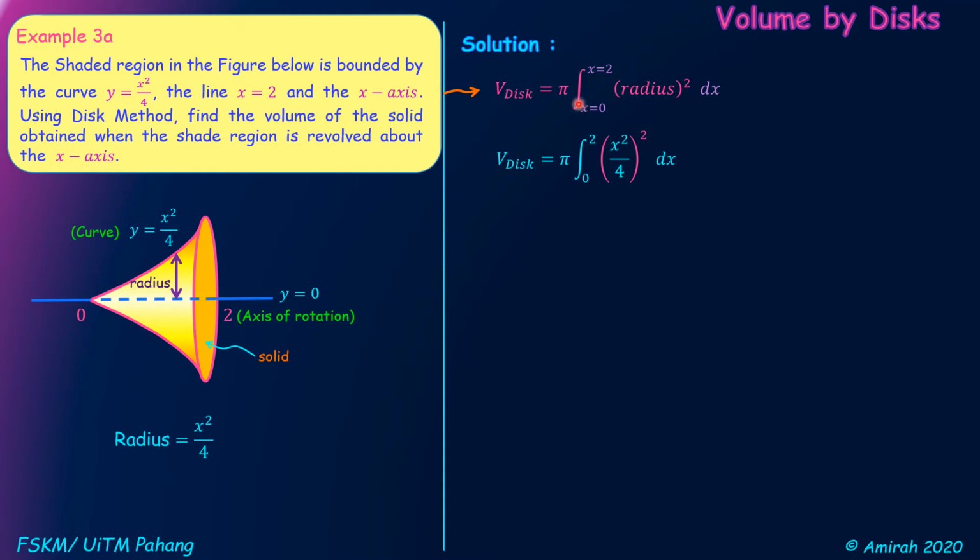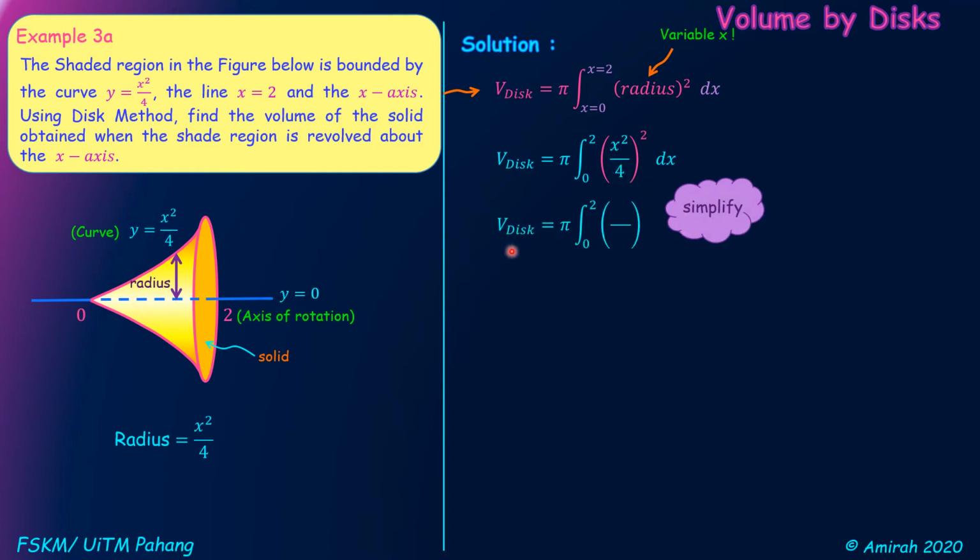Then we replace radius with x squared over 4, with the bracket squared, and integrate from 0 to 2 with respect to x. So we write the radius in terms of the variable x. All must be in terms of x if the axis of rotation is parallel to the x-axis.